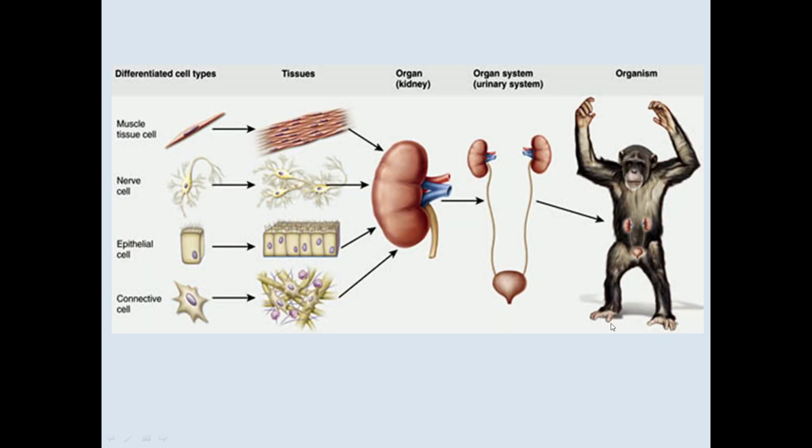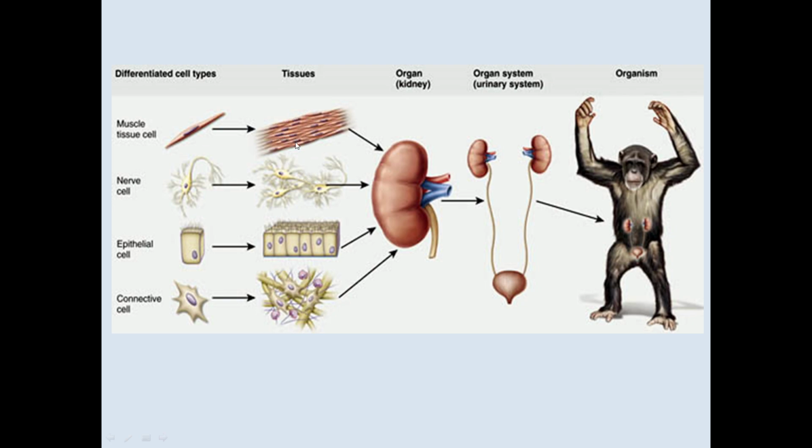Here you see different kinds of cells: muscle cell, nerve cell or a neuron, epithelial cell, connective cell. By the muscular cells or the muscle cells, it forms the muscle tissue. By nerve cells, it forms the nerve tissue, and epithelial cells, epithelial tissue, and connective cell, connective tissue.